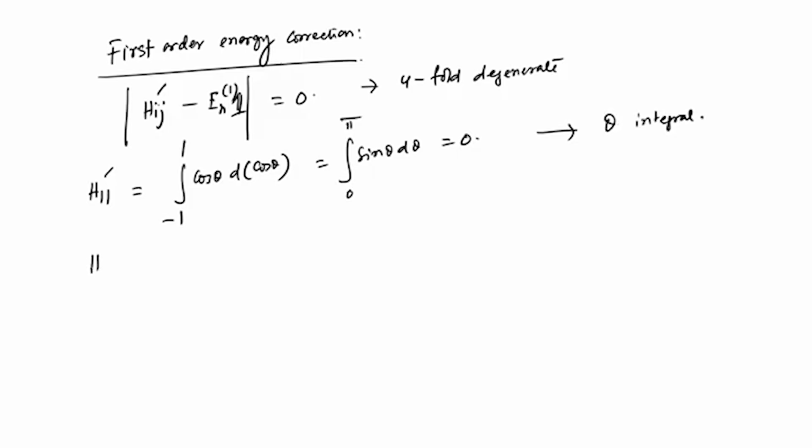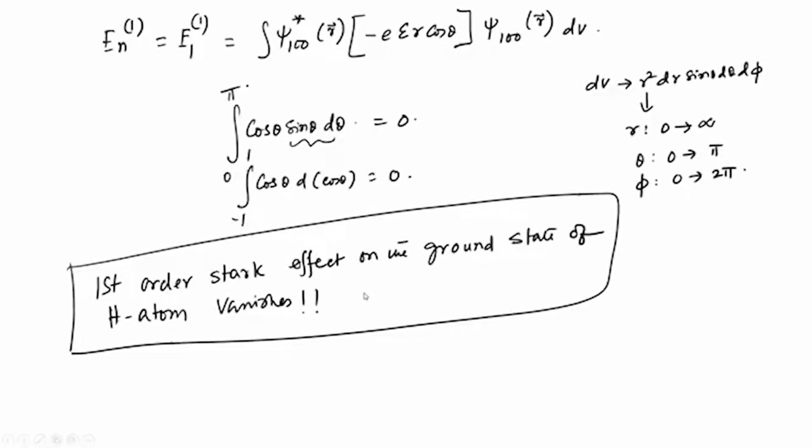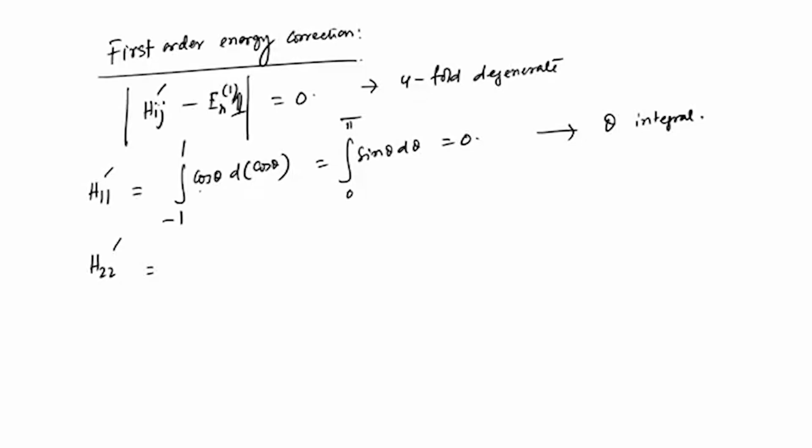So, what about H22 prime? That is the one that you have. Now, you see H22 prime will have a cosine theta there, and I have written it in the sense that there is a sine theta cos theta. So, there is a sine theta coming from this integral, and then there is a cos theta which I forgot to write.